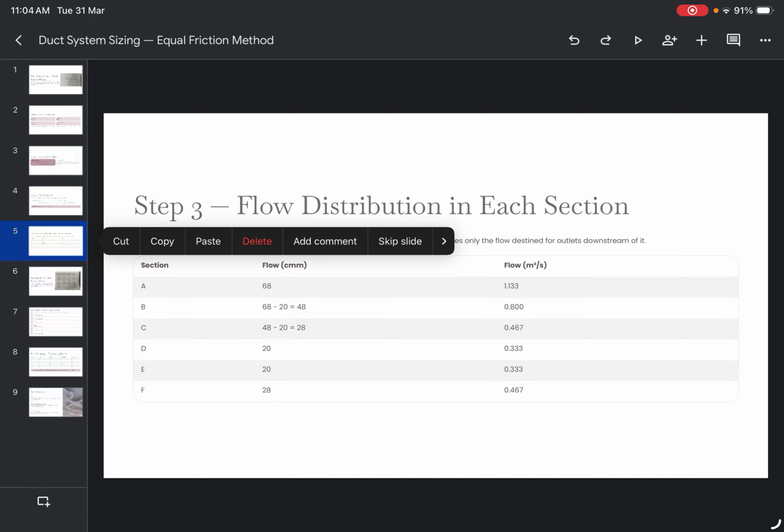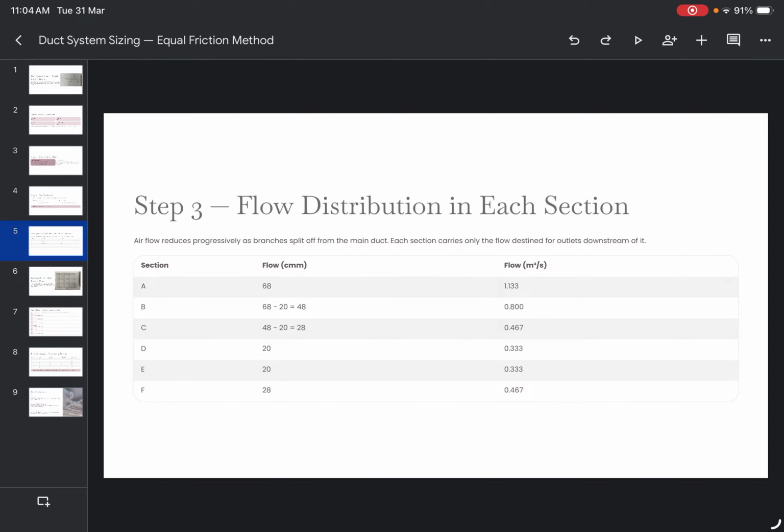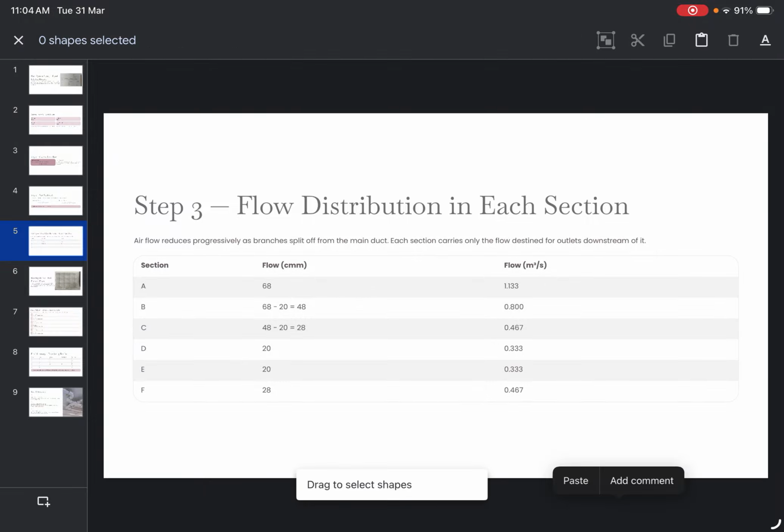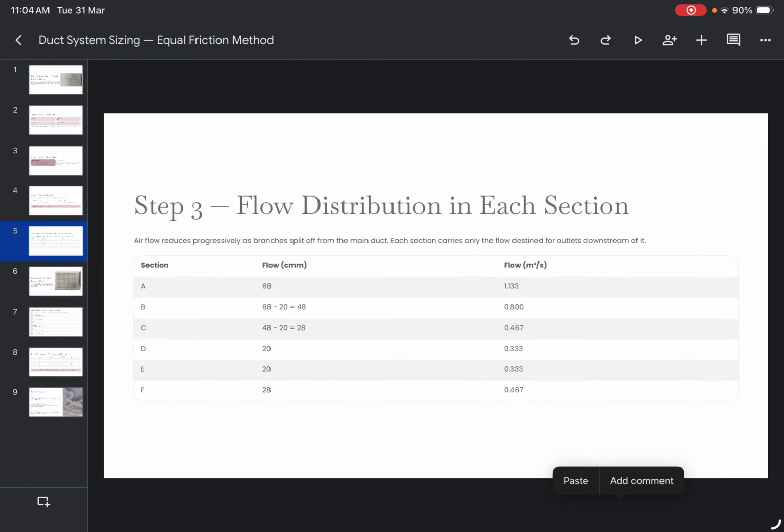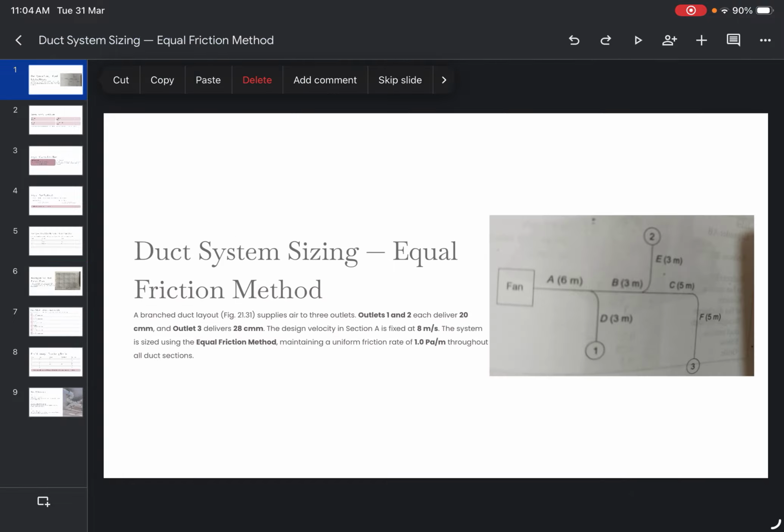How is section B 48? You will find here that the total is 68, and of the 68, 20 goes to section 1, so section B is left with 48. So you are just doing the subtraction. 68 is flowing here, of which 20 is supplied to 1. So in section B, you are left with 48.